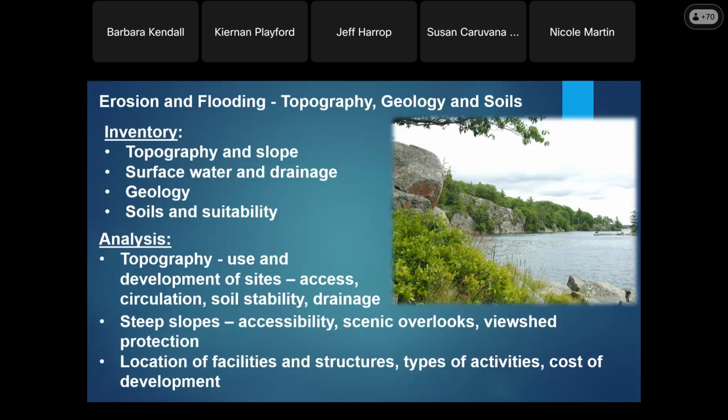Are there issues related to accessibility because of the steep topography, opportunities for overlooks or viewshed protection, or constraints based on suitability of slopes, and whether locating facilities the community is interested in having, such as, say, a senior center or a healthcare facility, whether the topography is going to be an impediment to some of those goals that the community has. So those are the analysis factors.